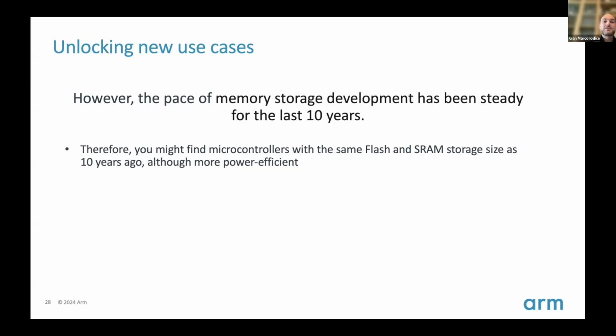In terms of memory storage, we are more or less at the same level as 10 years ago, maybe a bit bigger, although these memories are certainly much more power efficient and probably faster. But if you look at the spectrum of microcontrollers out there, you can see more or less the same ranges for the SRAM and the flash.